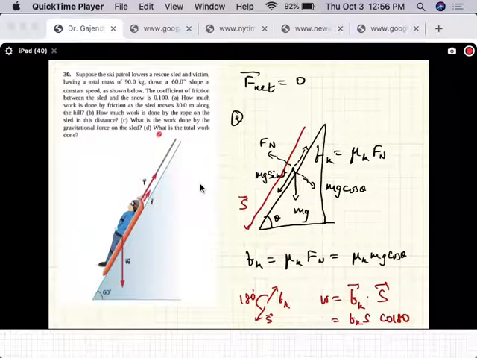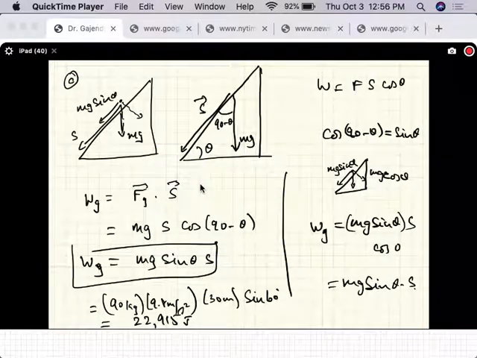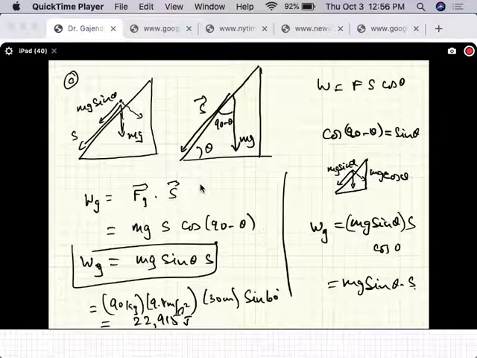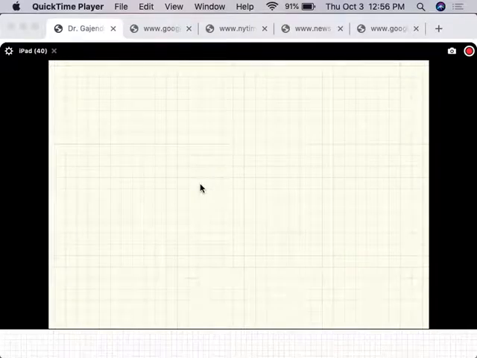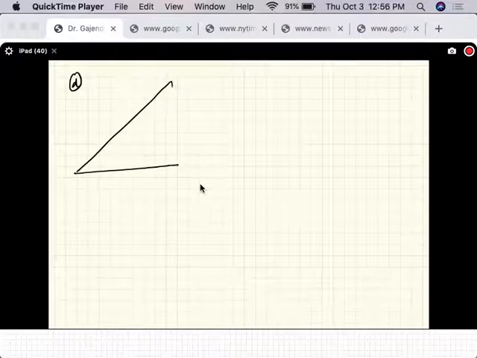Now, in part D, what they ask you is what is the total work done? So let me add a page below. Okay, and so now we'll draw this guy. Friction force and tension force.